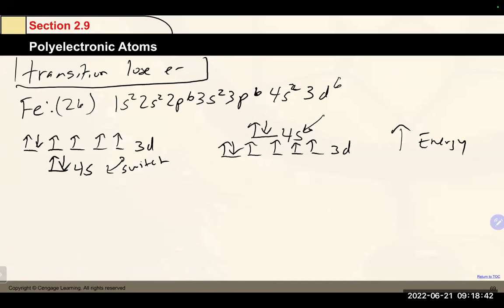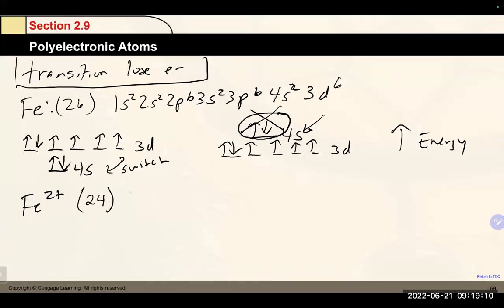And then if necessary, they will delve into the d orbitals, which are the next highest in energy. So what would happen in the case of iron with a +2 charge is that you would end up with 24 electrons. It will actually be these 2 electrons here that get lost first.